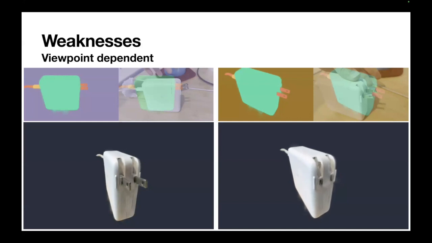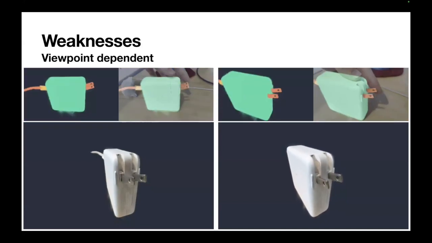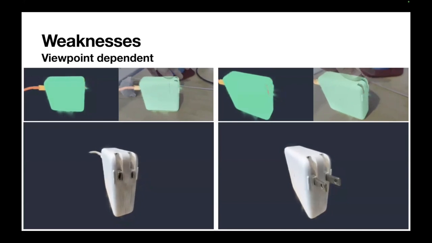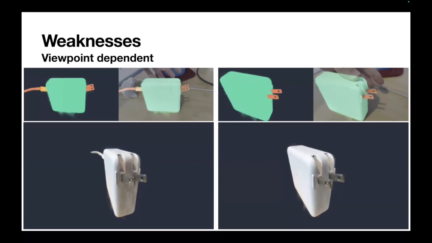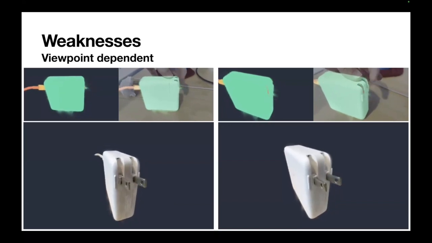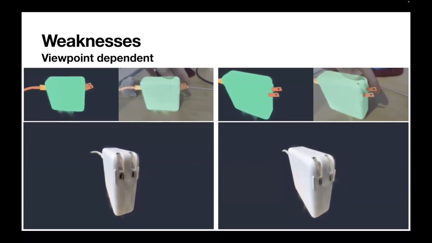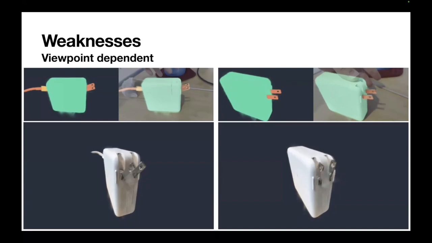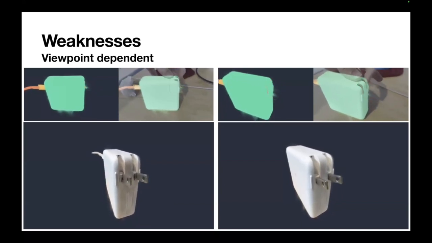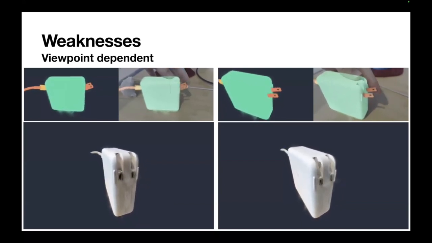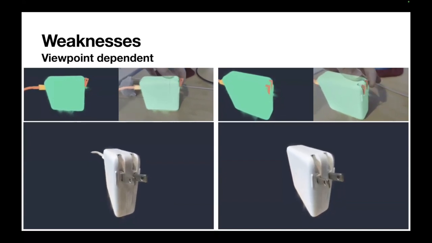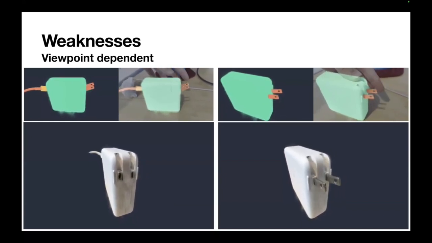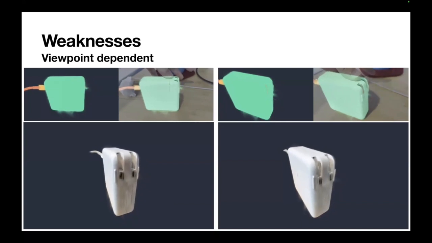There are more significant failure cases, but you see how the tongue gets kind of twisted on the left side because the view doesn't really give you a lot of information, but having a good view will give you the right information. So this is something really to tackle, and we're still working on this actually as we speak.